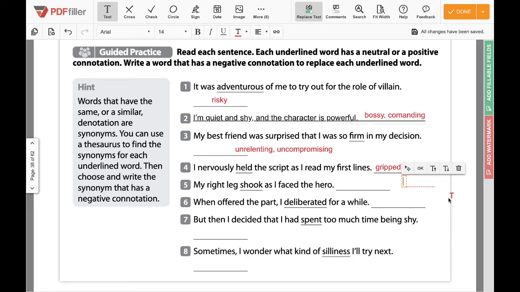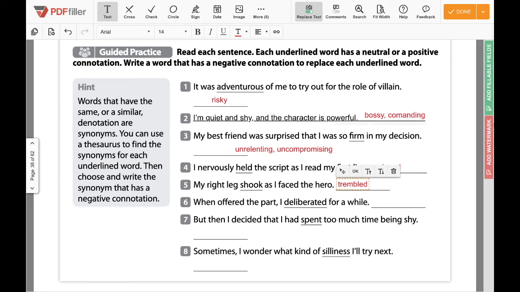Shook is just more of a neutral word, not necessarily a negative word, but a word that we could use. Obviously their leg is shaking because they're kind of nervous, but shook doesn't immediately give us that negative connotation. But something like trembled would bring that negative thing, because if you say trembled, you automatically know that someone is kind of nervous or is having a hard time with something.